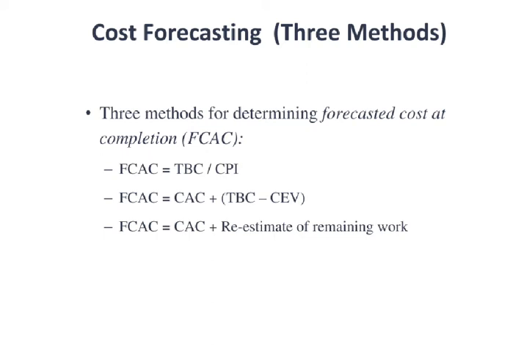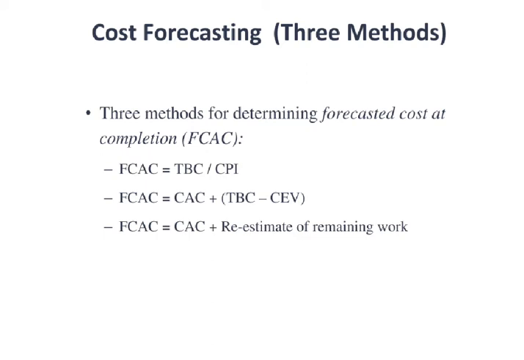To estimate how much you will need to spend in the future, you take the total budgeted cost and subtract off of it the cumulative earned value to date. So you've already done that much of the earned value. If you subtract off that, it'll tell you how much earned value is left that you still have to do, and you add that on to the cumulative actual cost to get the FCAC. Again, just a different way of predicting that future expenditure.